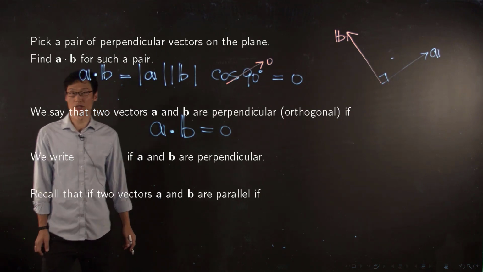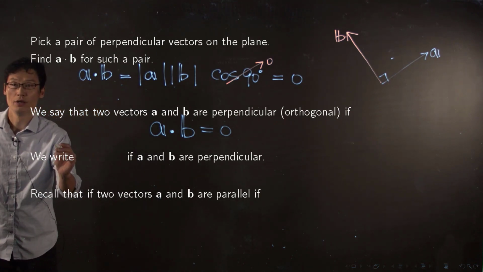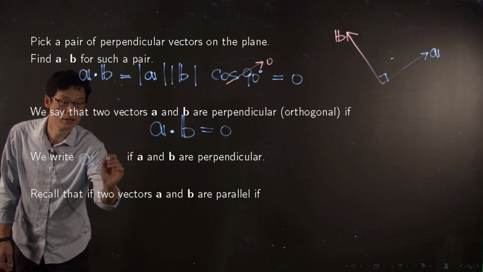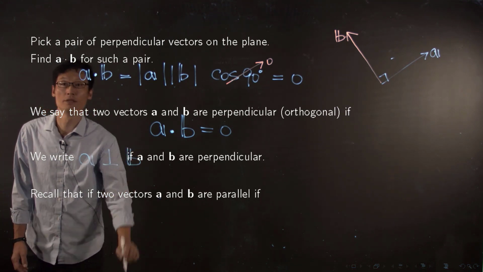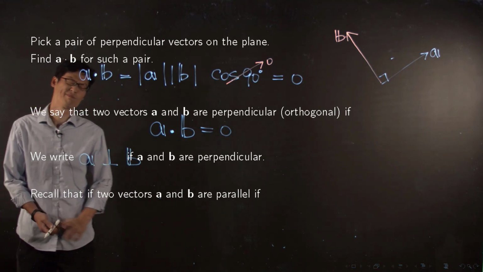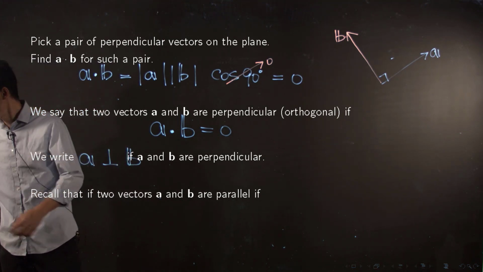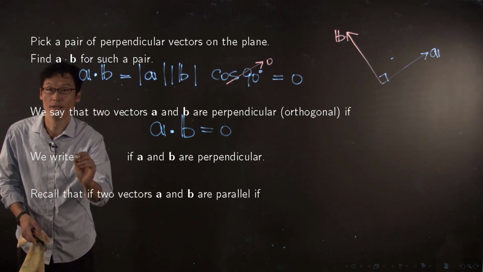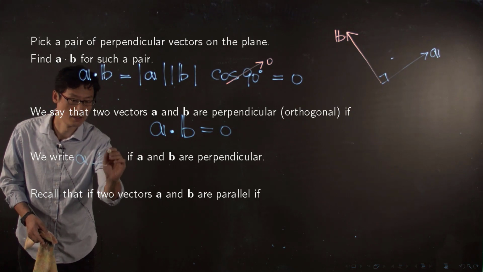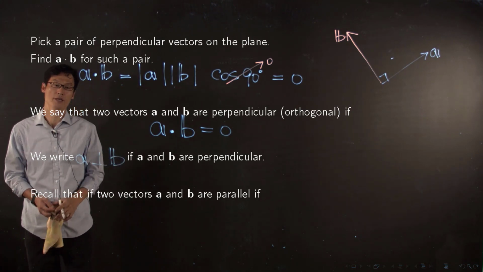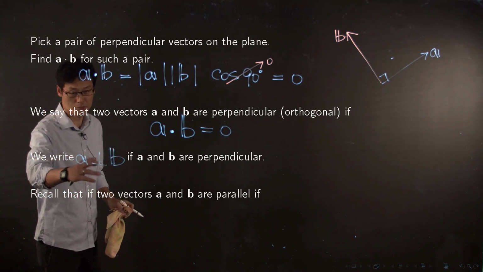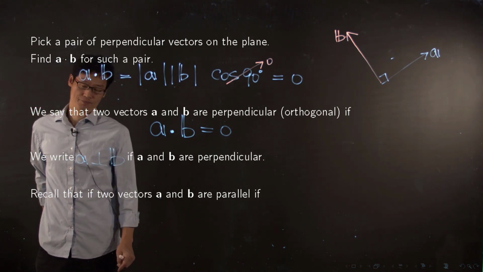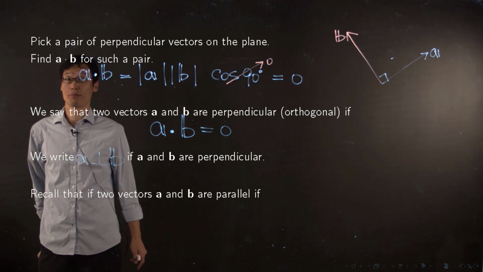And the notation is like this. We read this A perp B. Whenever you see this symbol, you can say two vectors are perpendicular.